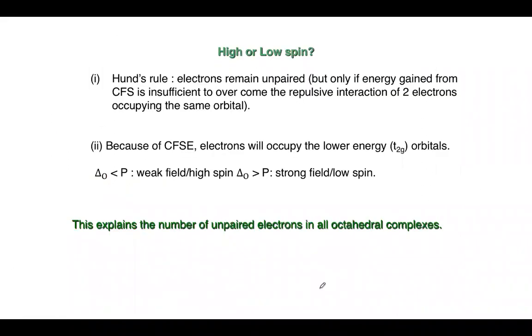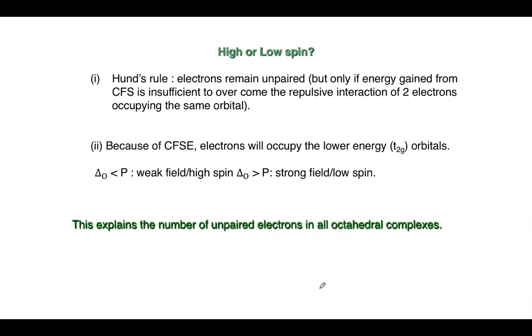So high spin or low spin: Hund's rule is where electrons will generally remain unpaired, but only if the energy gain from crystal field stabilization energy is insufficient to overcome the repulsive interaction of 2 electrons occupying the same orbital. So if that repulsive force is larger than the crystal field stabilization energy, then the electrons will remain unpaired.